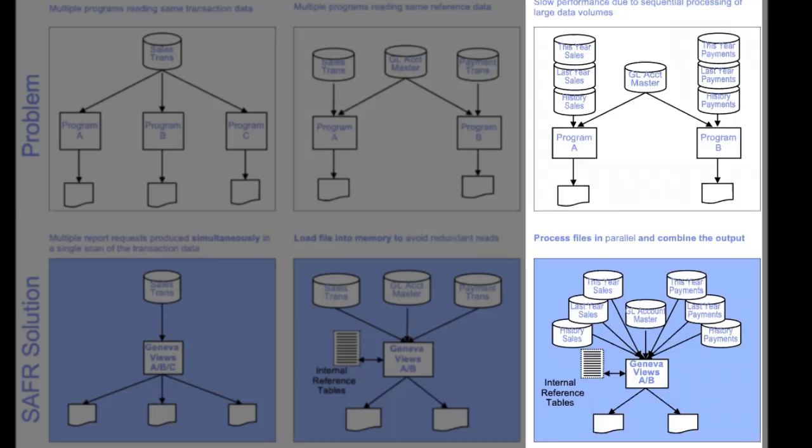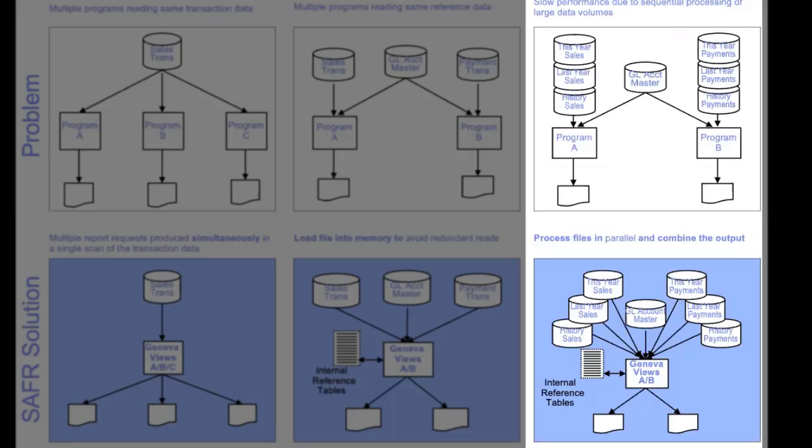Then the last phase, in the early development, was recognizing that if we could use the power of parallel processing on the machine, and GenevaERS was one of the first parallel processing tools out there, you could produce the outputs much faster.